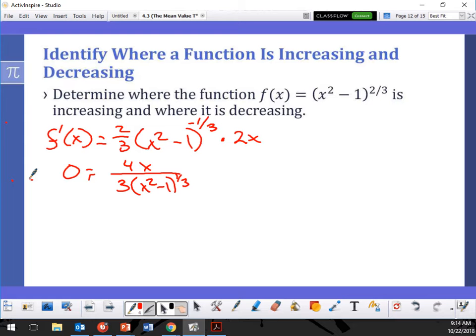I should get 0 equals 4x, so x is 0. Okay. So I know because of that I'm going to have one of my critical points there, right?